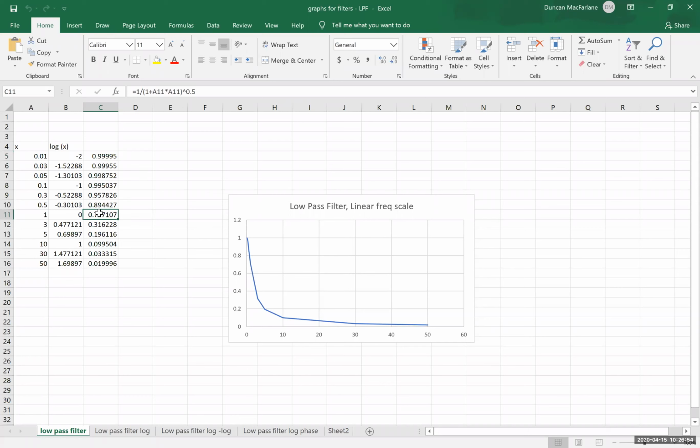And when we get to 1, really hard to read, but it's right down in here, it goes to 0.707, which is this little kink in the line right here. I wasn't very good about oversampling. I have the minimum number, but that's okay because that allows me to see those data points. This number 1 right here is 0.707, 1 over the square root of 2.